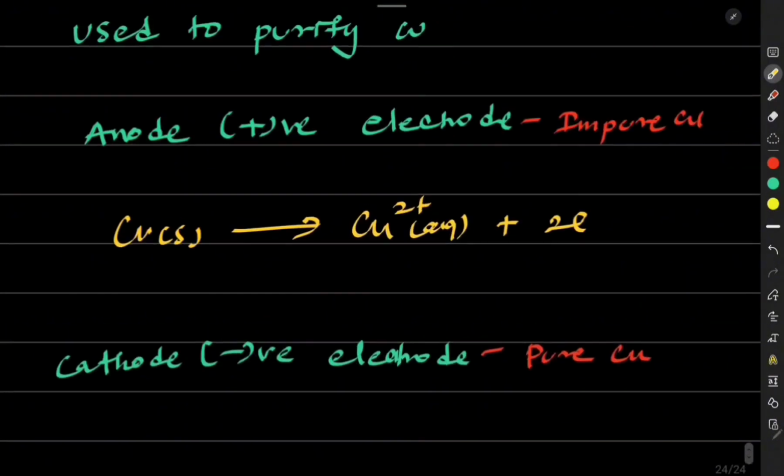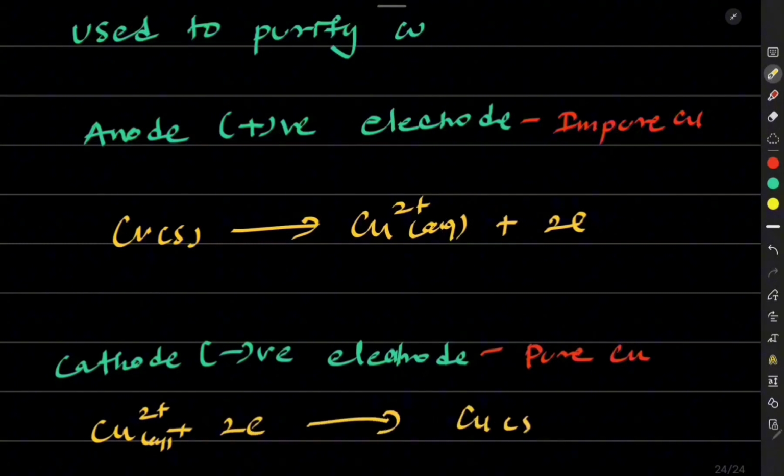Here, at the cathode, reduction occurs: Cu2+ aqueous plus 2 electrons form copper solid. Here oxidation occurs at the anode, and here at the cathode reduction.